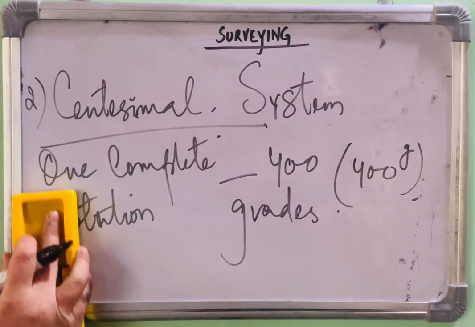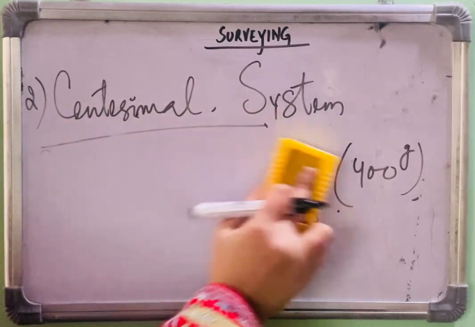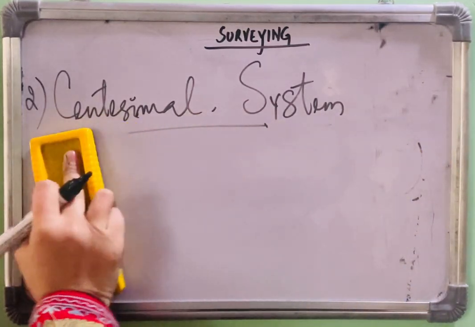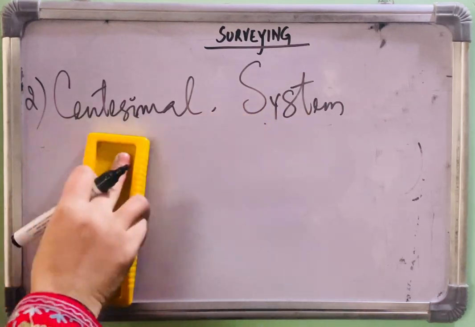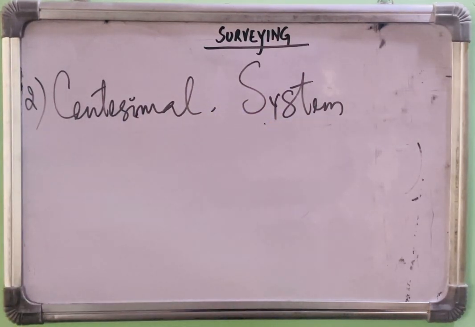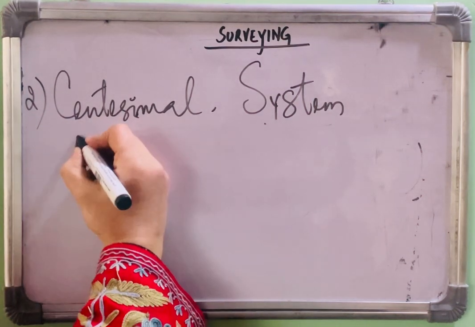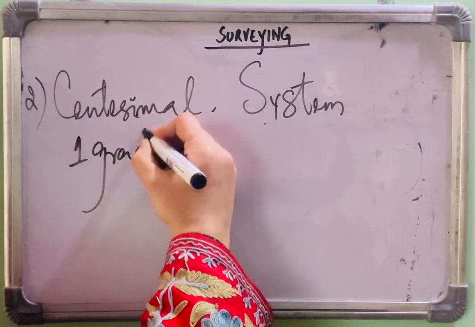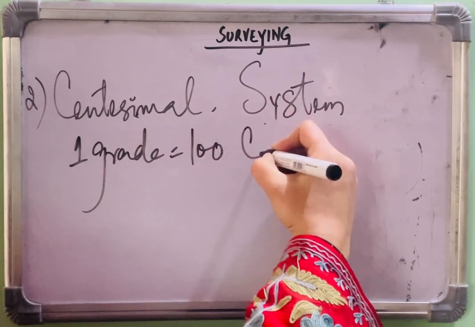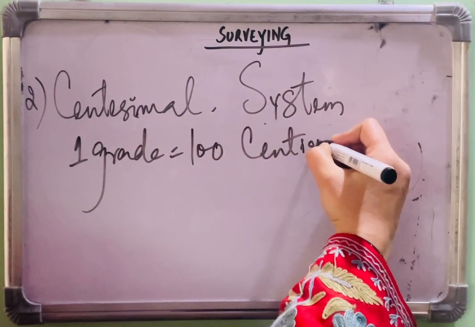Let me write it down for you. One complete rotation is divided into 400 grades, which is further subdivided into centesimal minutes and centesimal seconds, and one grade is equal to 100 centesimal minutes.